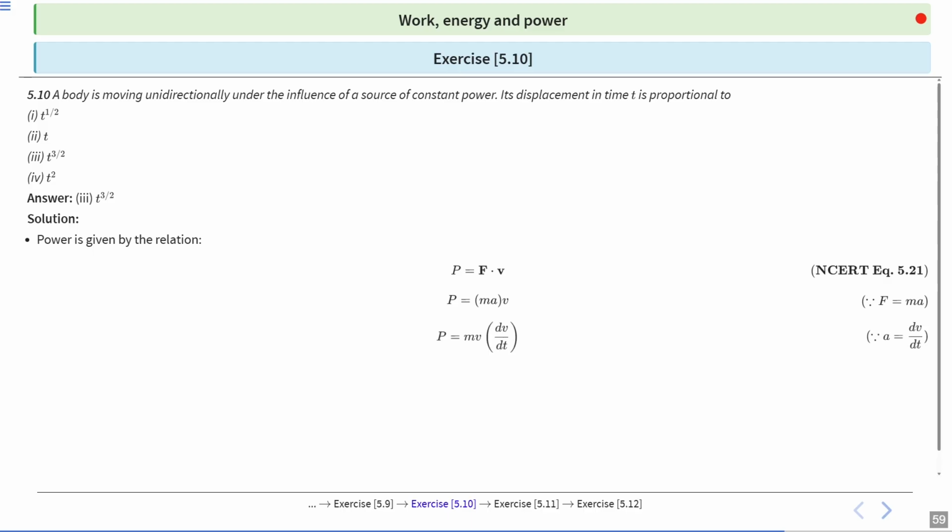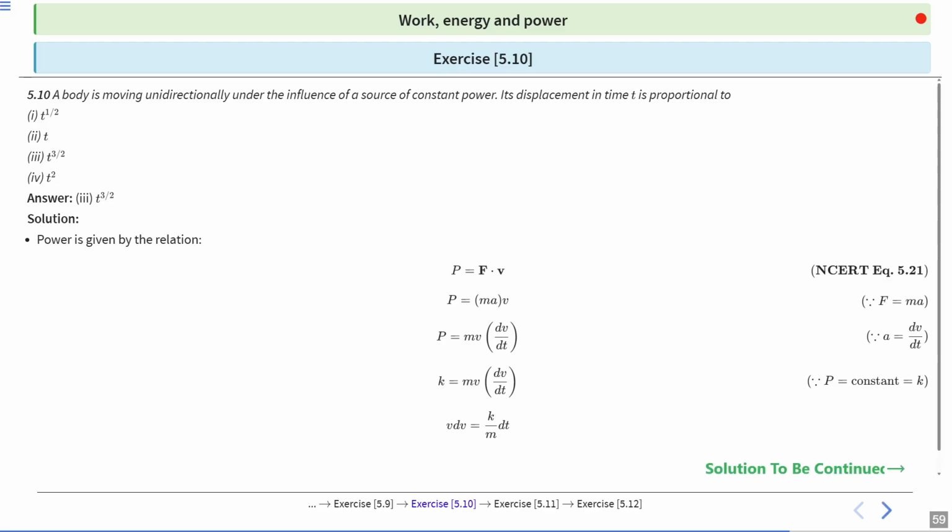Velocity is v and acceleration is dv upon dt. So P is equal to m v dv upon dt. Because power P is constant, we assume P is equal to k. So it will be v dv is equal to k by m dt.